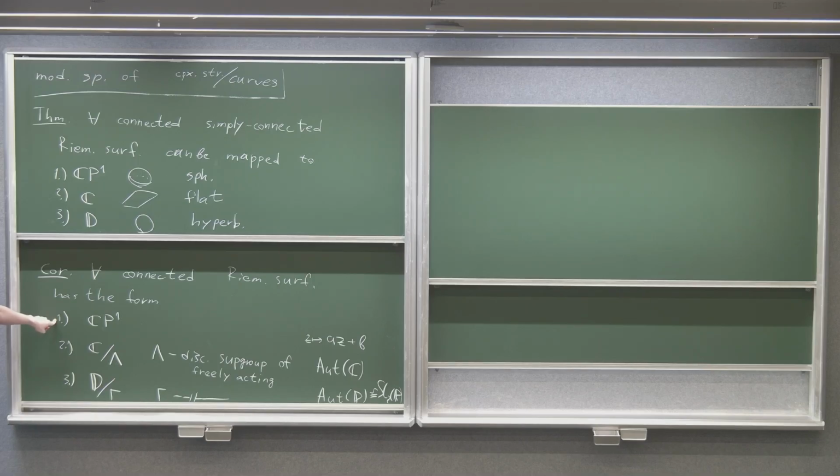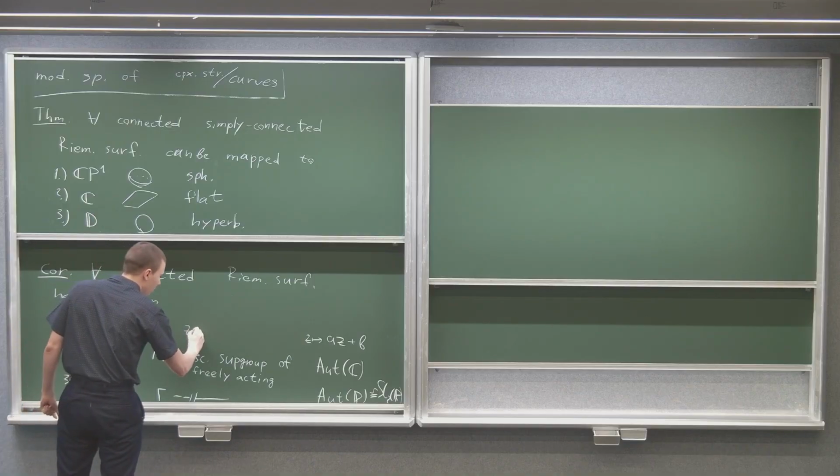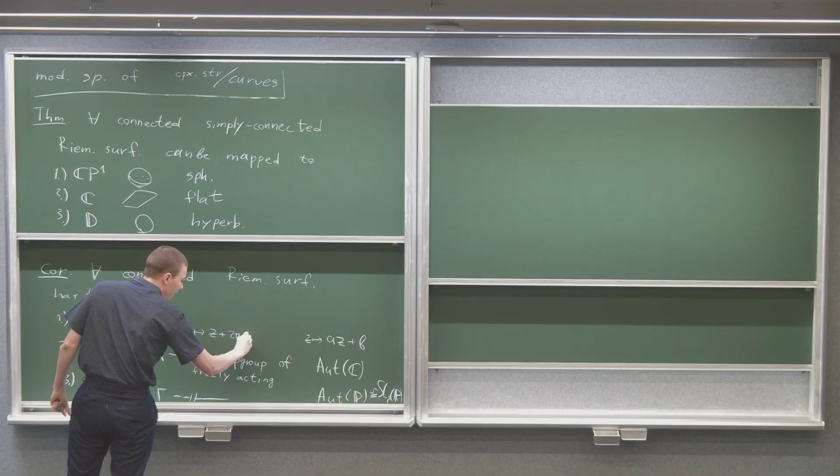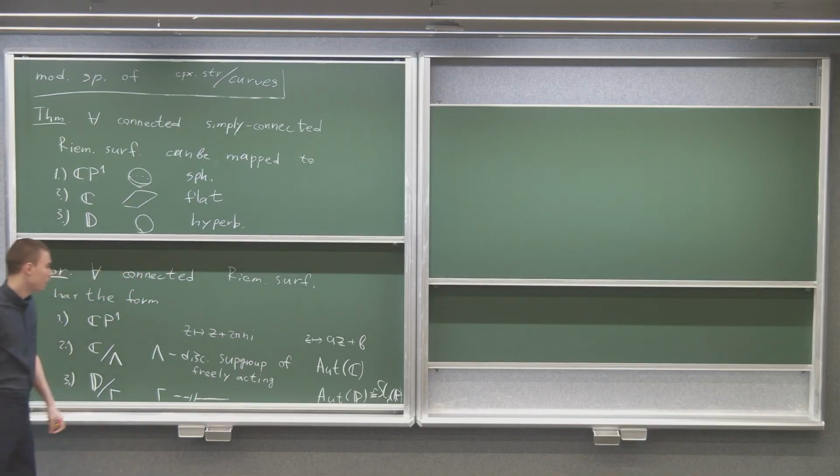Now this is just one. There's just one option here, CP1. Here, C over lambda. There are basically two interesting cases where lambda is a discrete subgroup generated by one translation. So it's just z going to z plus something, let me write it 2πi.